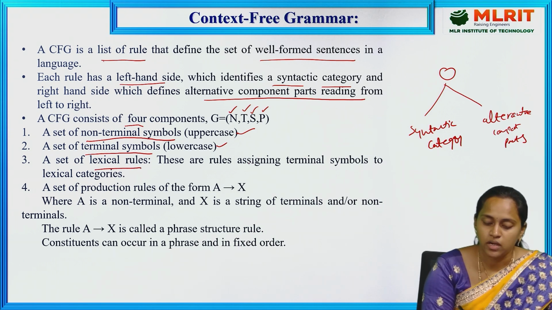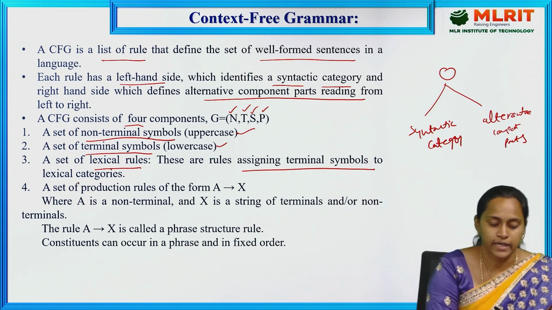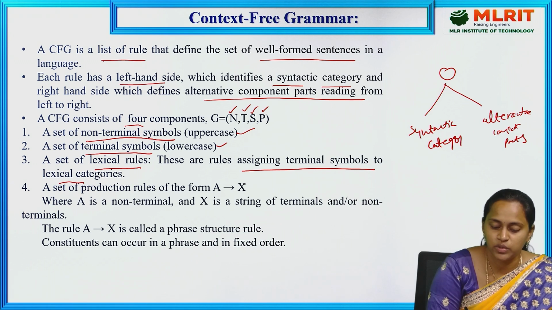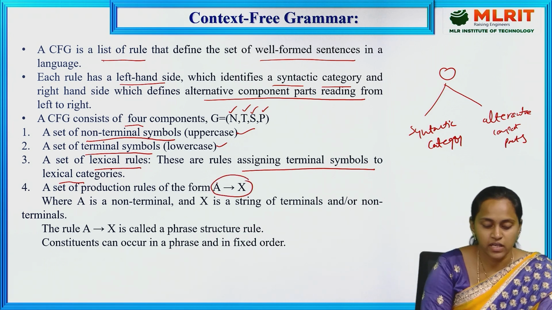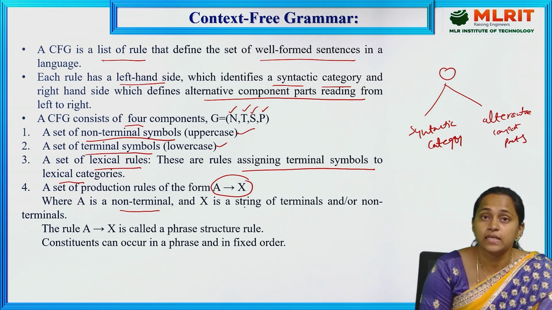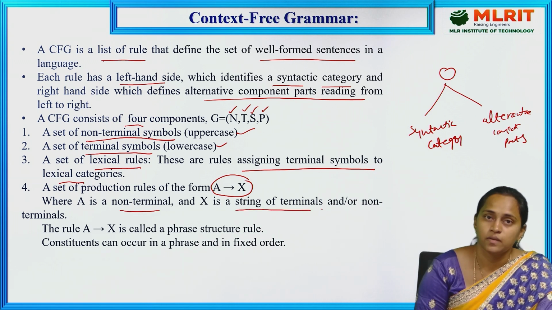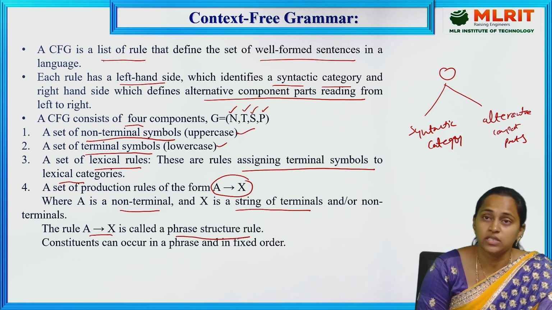These rules assign terminal symbols to the lexical categories. The fourth is a set of production rules, that is A tends to X, where A is a non-terminal and X is a string of terminals or non-terminals. This rule is called a phrase structure rule.